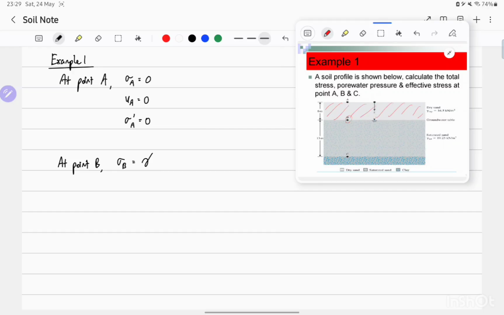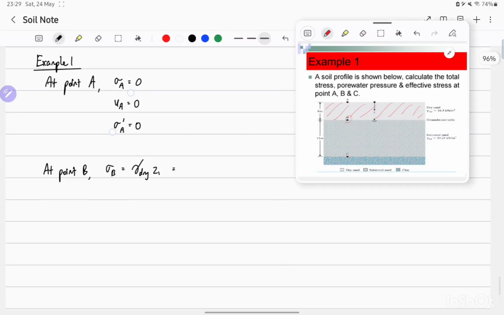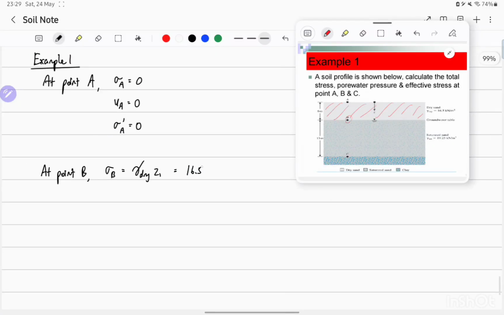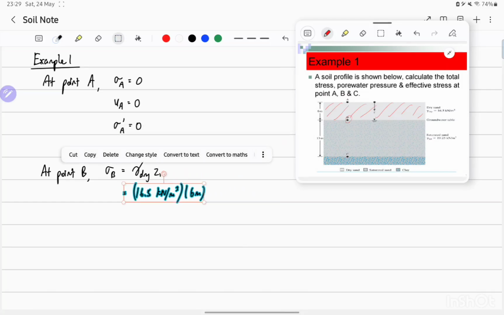So we take the unit weight of dry sand times the first height Z1, which will be 16.5 kN per cubic meter times Z1, 6 meters, and the meters will cancel.